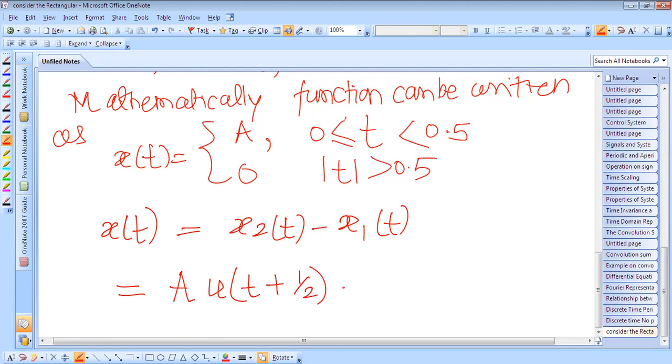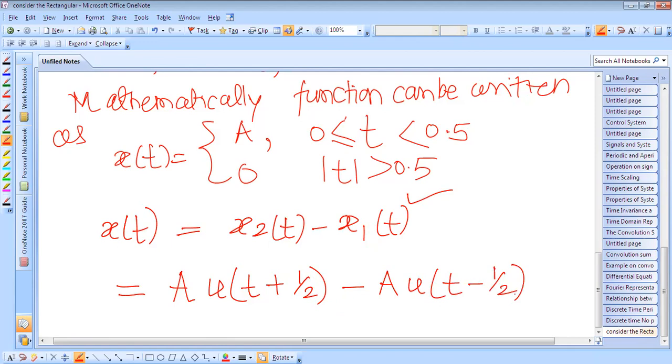Minus the second function x1 of t. So x1 of t is shifted toward the right. Therefore, the magnitude is A into u of t minus half. Okay.